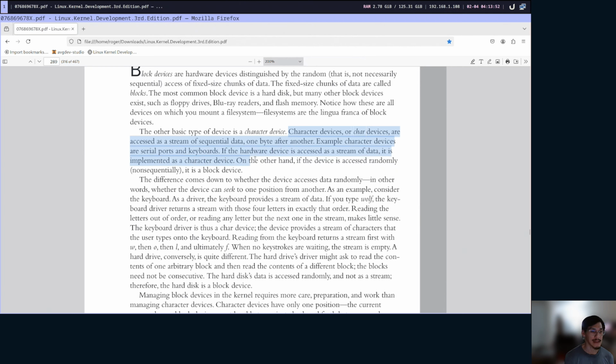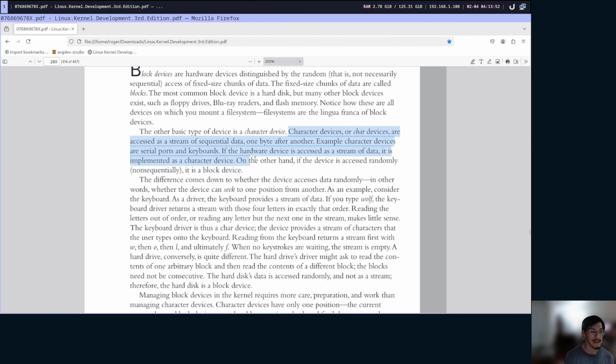So I guess character devices are streams of data, one byte after another, and block devices can move randomly across their universe. So the difference comes down to whether the device accesses data randomly. In other words, whether the device can seek from one position to another. A block device can seek from one position to another, versus a character device, where you have no control over that.